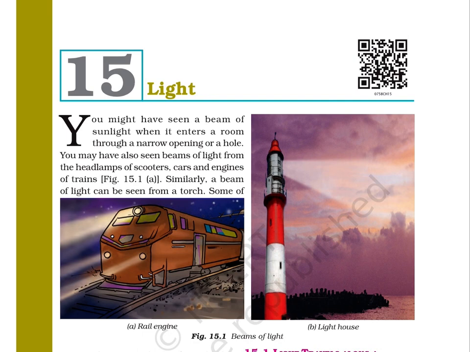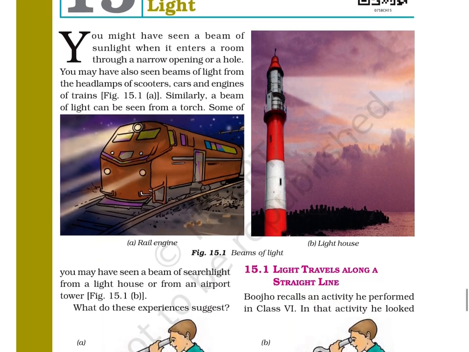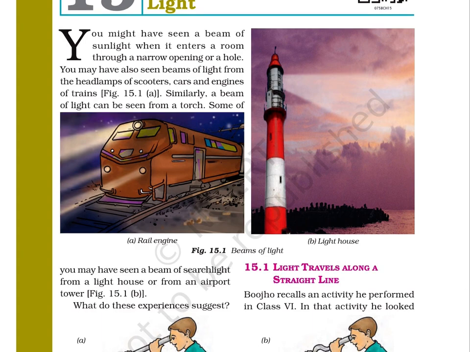Light. Page 174. You might have observed a beam of sunlight when it enters a room through a narrow opening or a hole. You might have also observed beams of light from the headlamps of scooters, cars, and engines of trains.